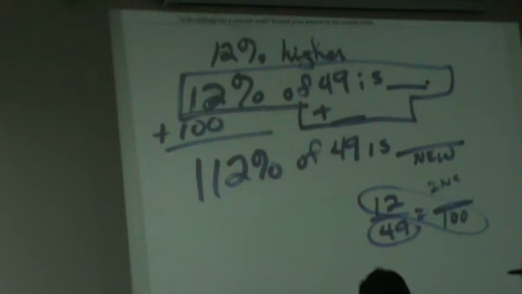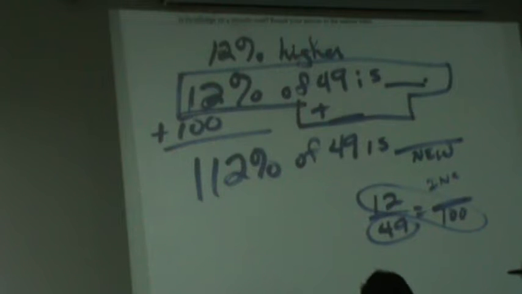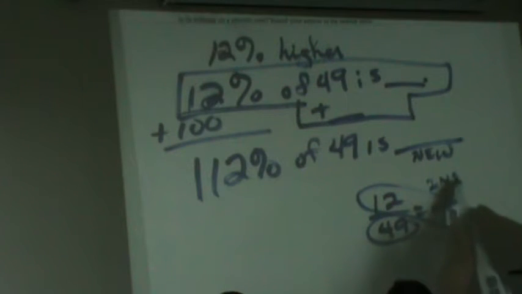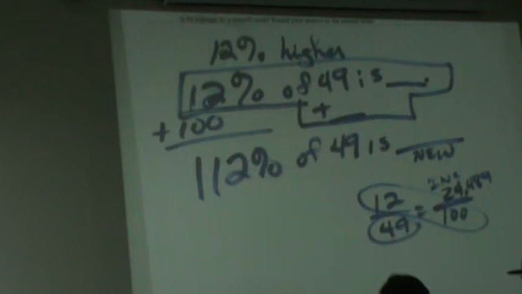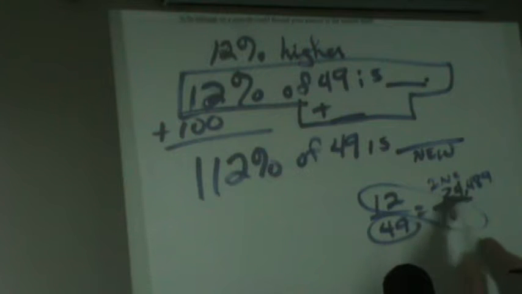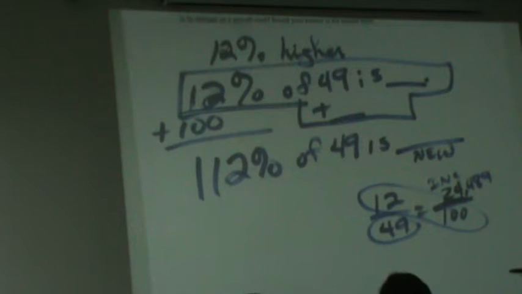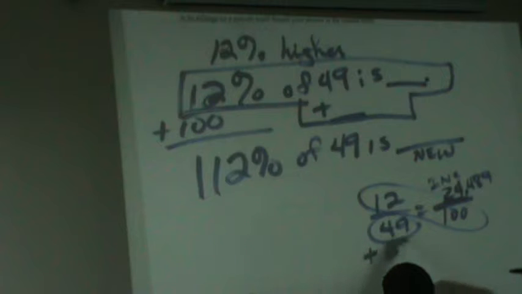I'm going to grab a calculator and do it myself. 24.489. Somebody else did the same thing there? Okay. So it increased by 24 miles per gallon. So you would take 49 plus 24.489.